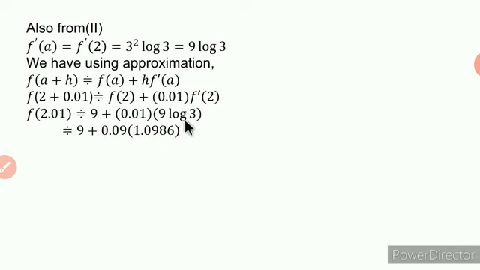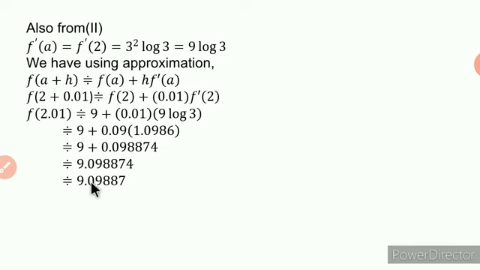We have been given the value of log 3, we put that value here. It is approximately equal to 9 plus 0.098874. We take this product, multiplying by 9. After how many places? Here 4 plus 2, which means after 6 places we get the decimal point. And it is approximately equal to 9.098874. So it is approximately equal to 9.09887.